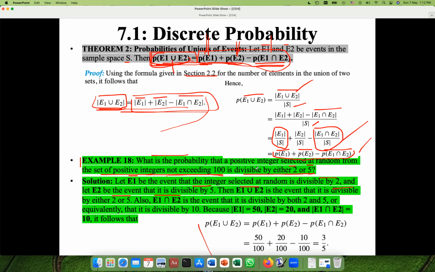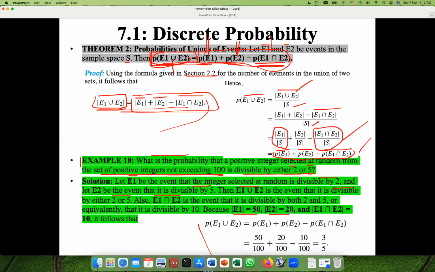From those 100 numbers, how many are divisible by 2? Half of them, because they are even and odd. So E1 is how many numbers? 50. E2 is divisible by 5: 100 divided by 5, you will get 20.